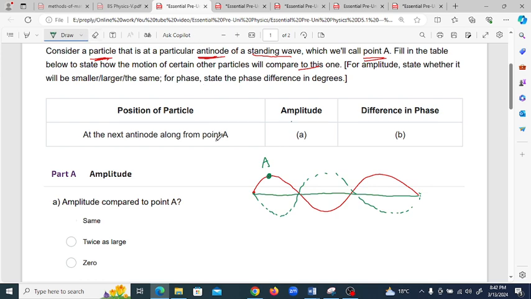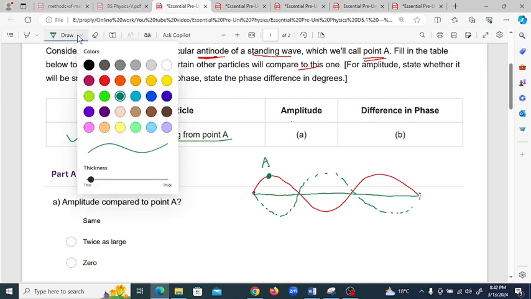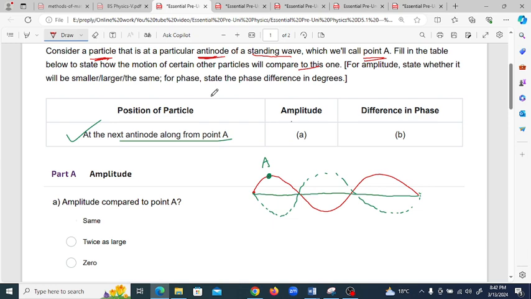Okay, now we have to compare this antinode with the next antinode along from point A. As we know, this point is going downward. When this point is going downward, the next point is going upward, so the next antinode is below that one. This is next, because before that we have a node, those points which have zero displacement, and antinodes are those points which are moving and which have maximum displacement.